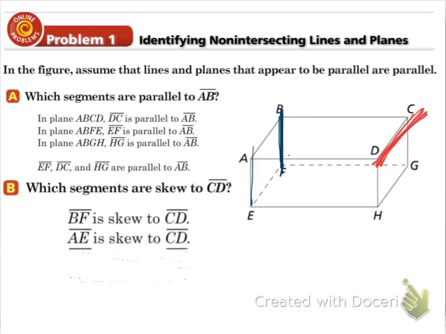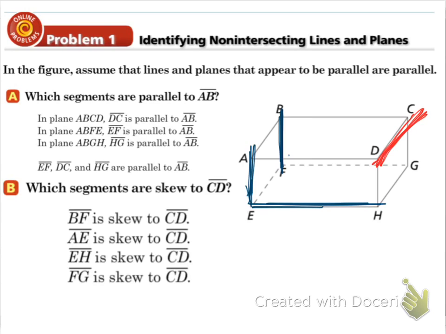So this one is also skew to CD. EH is also skew. So this one is also skew. It does not intersect CD, nor is it parallel.